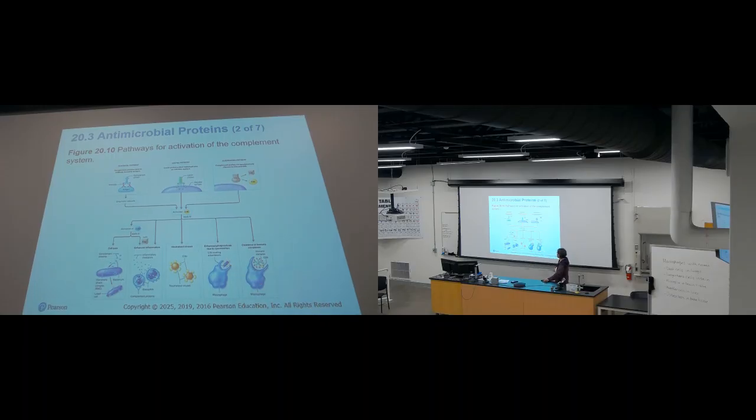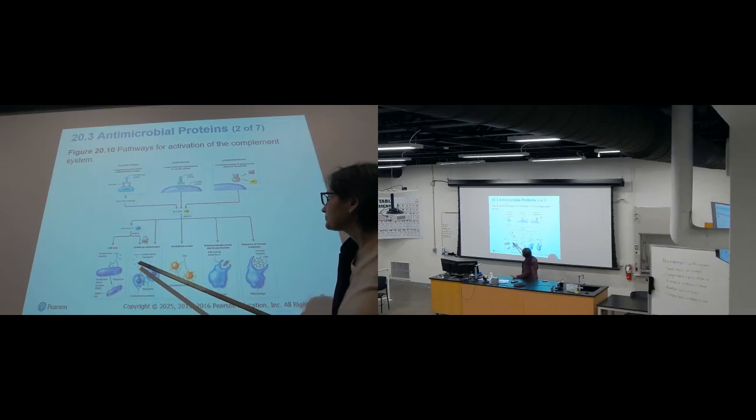Sometimes I compare this to when you have a cake and you frost the cake and you decorate it really nicely, it will make it much easier or more appealing for you to eat it. So this is called opsonization, coating bacteria with C3b. Now, C3b also can form a complex with immune complexes, and that will help these macrophages to much more easily detect these immune complexes and then endocytose them.